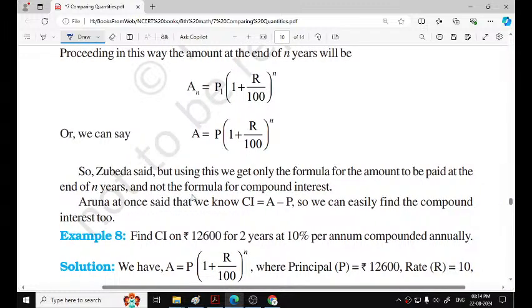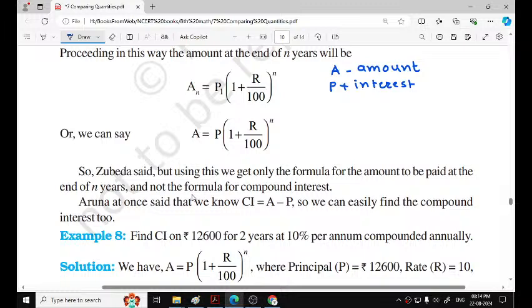A stands for amount. Amount is principal plus interest. P is principal, R is rate of interest, and N is number of years.